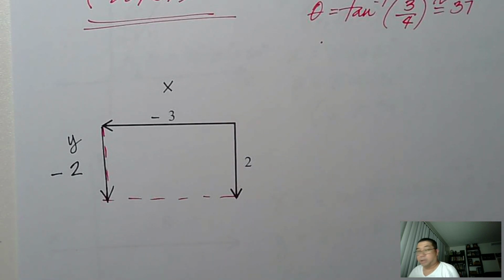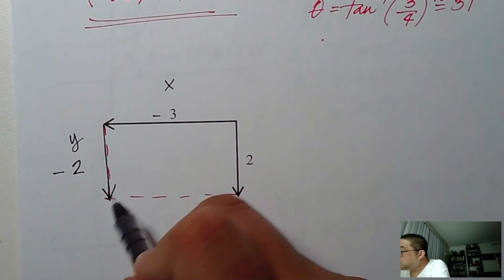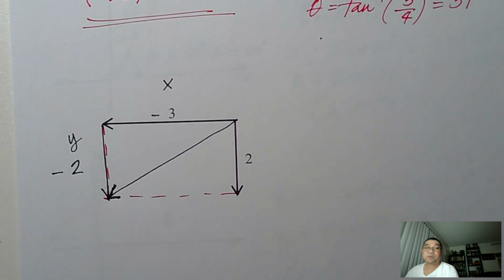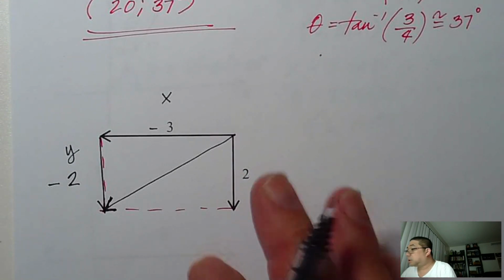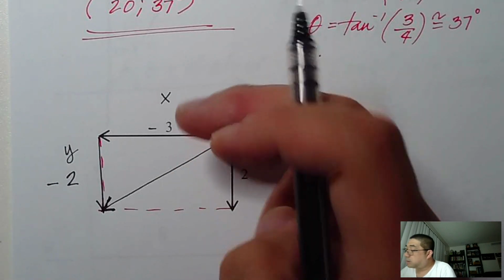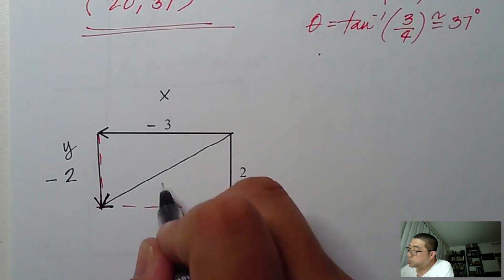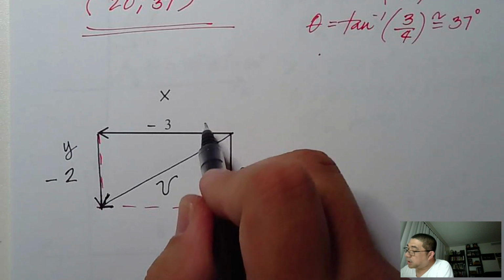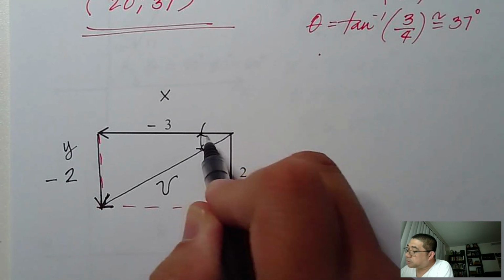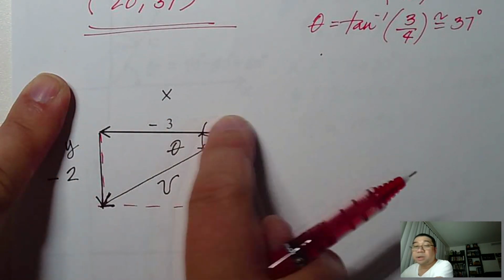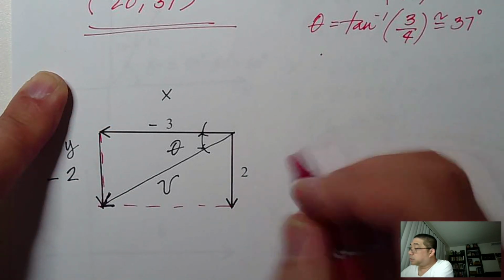So y and x. And in order to solve for your vector, what is that vector right here? So you are in the third quadrant. So we have negative and negative. So this will be your vector. And what is your angle? Theta. Same procedure. In order to solve for it, we have our x component, we have our y component.